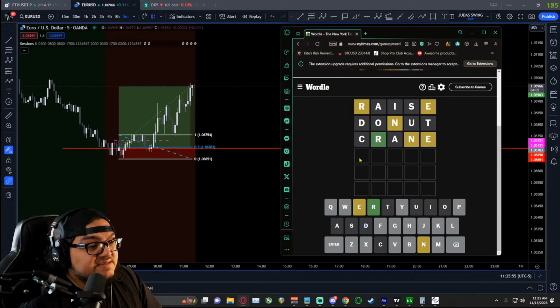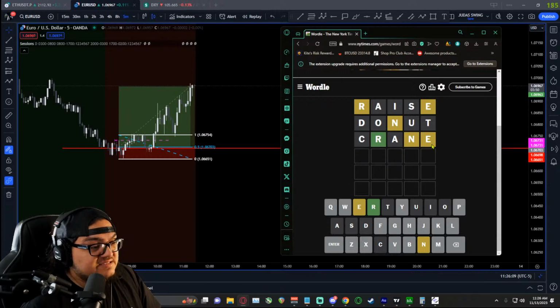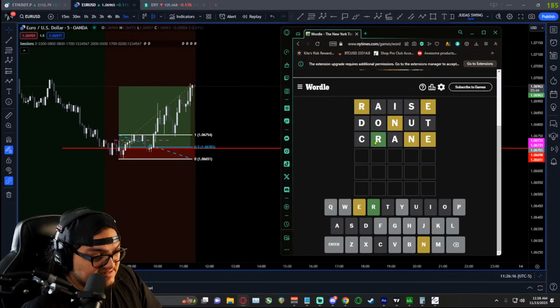Only vowel is E or maybe a Y. My only thing is that the R, because of the NE, the N either has to be at the end or the beginning. And the N at the beginning doesn't make sense. So the N would have to be at the end.